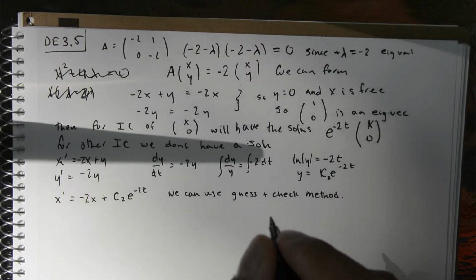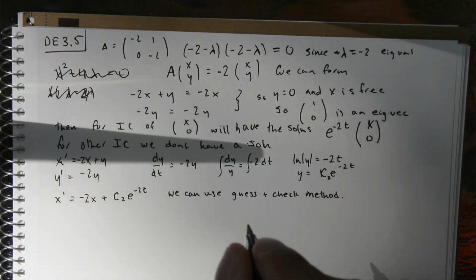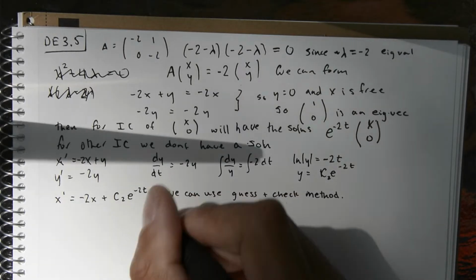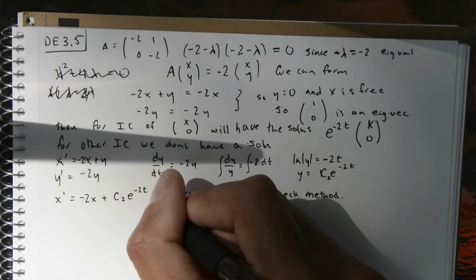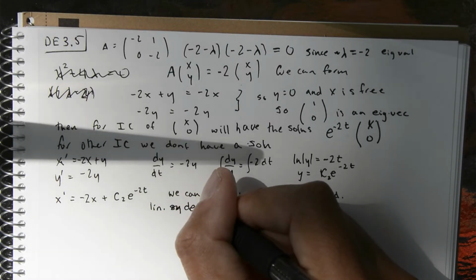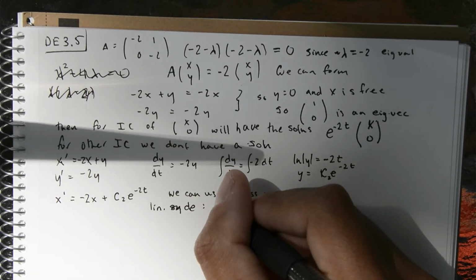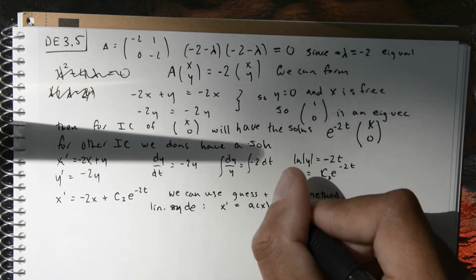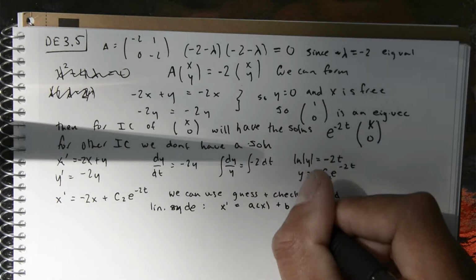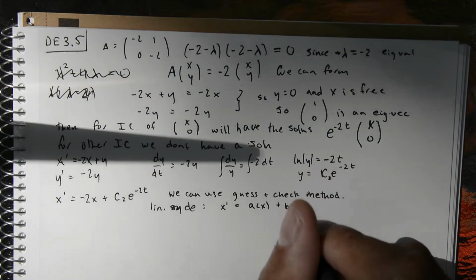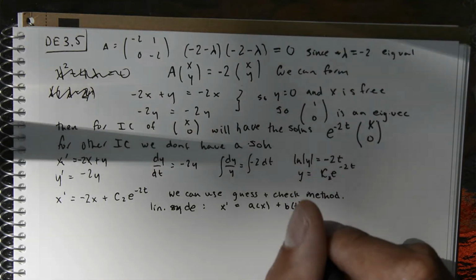But I forget how you're supposed to do this. Like a linear DE is x prime is equal to ax plus b of t, right? Wait, is that right? No, that doesn't seem right.